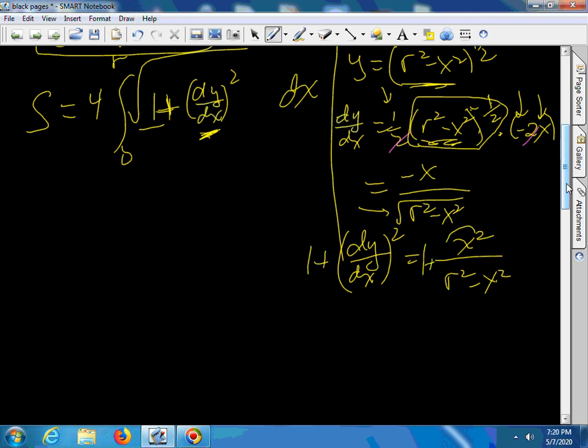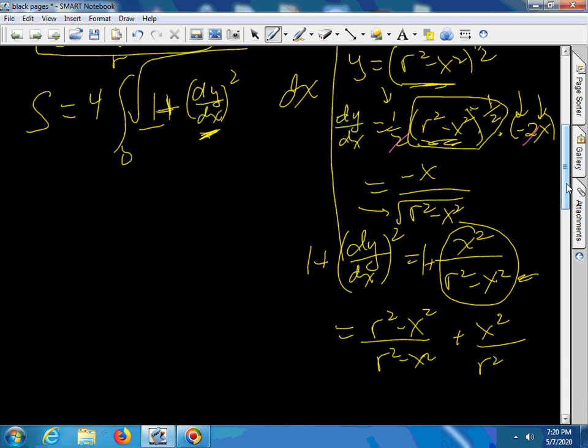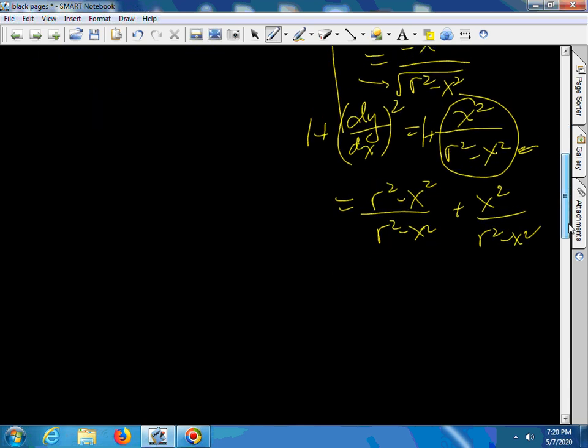So since the second term is a fraction, I'm going to write the 1 using that denominator, as r squared minus x squared over r squared minus x squared, plus the second term. And since they have the same denominator and we're adding, I keep that denominator.